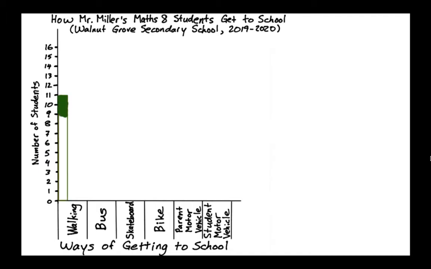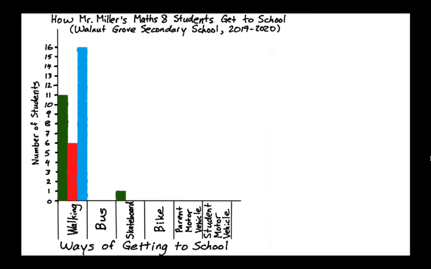So now what I do is I make a bar for all 3 classes, how many people walk. So there are 11 people who walk to school from the 1-2 class. There are 6 people who walk to school from the 1-3 class, and there are 16 people who walk to school from the 2-3 class. And then I go over to my other categories and I fill in bars.